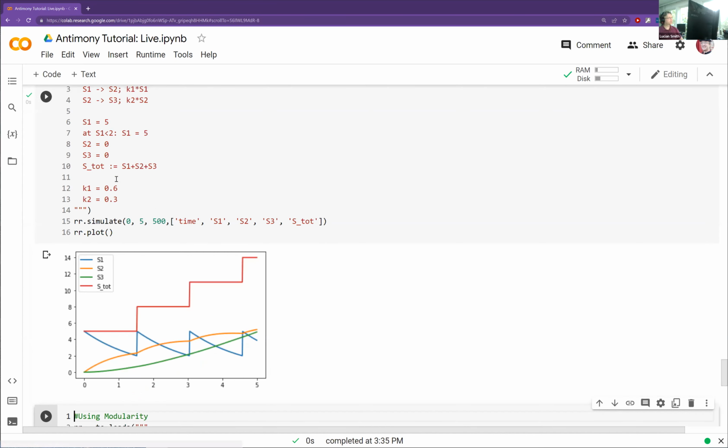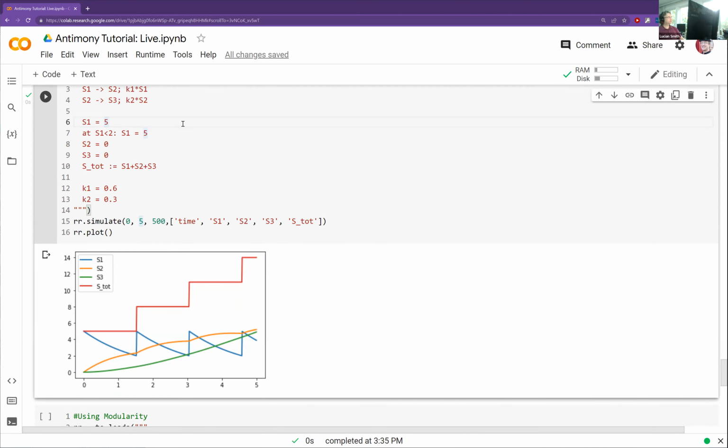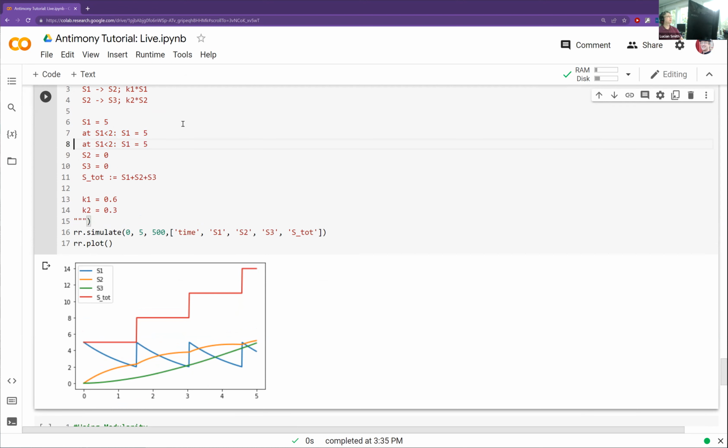So this is our new thing. We're just adding S1 every so often. Now let's do something else. Let's have 2 events that do the same thing, except that they will have different effects. And I'm going to take out S total for now.